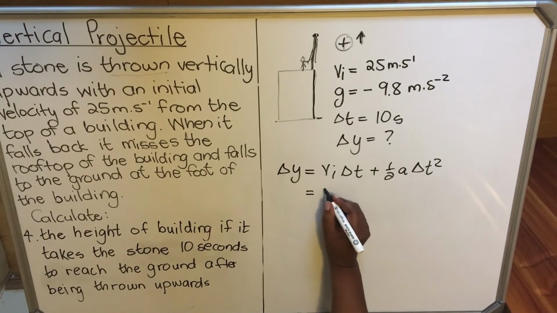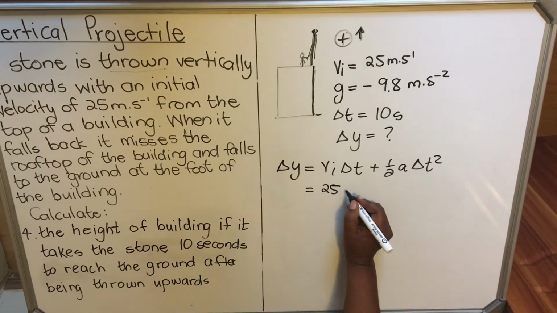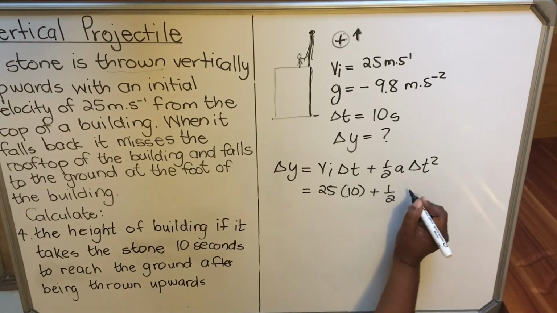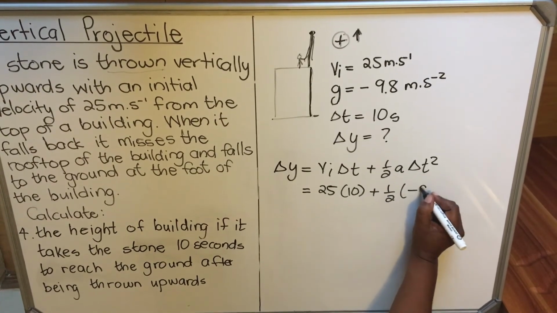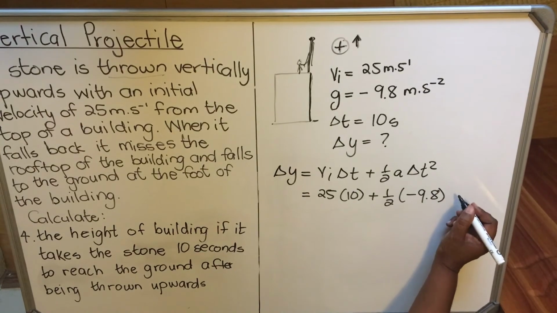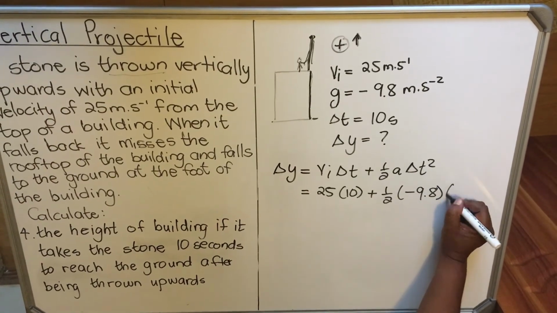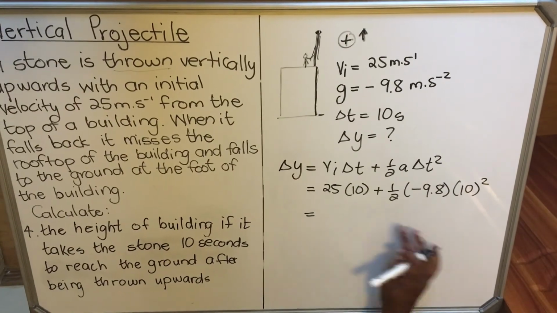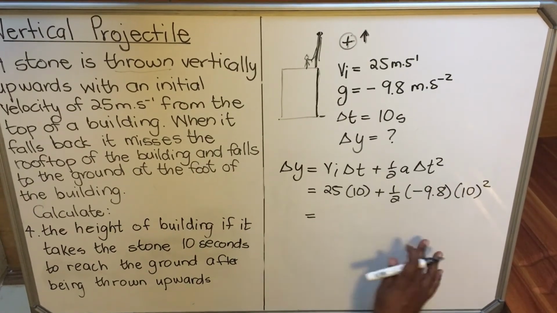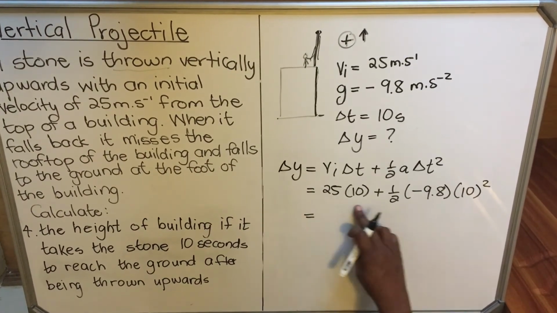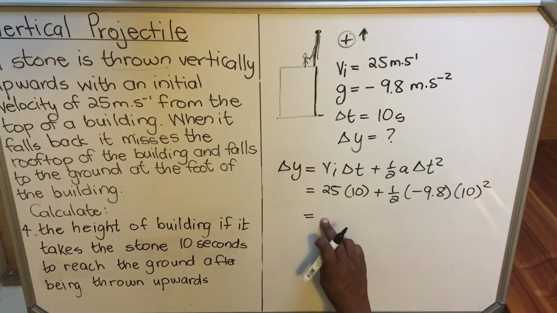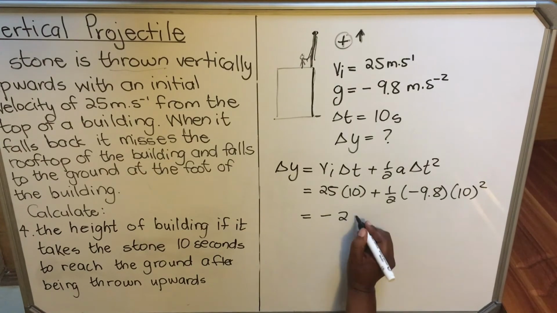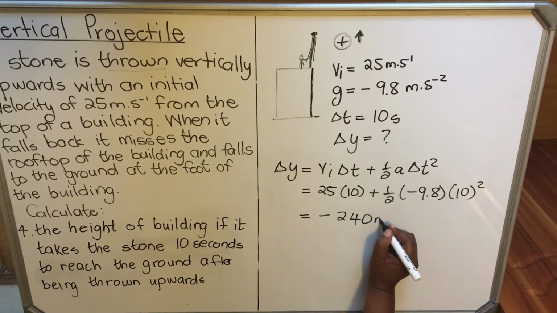Our initial velocity is 25 meters per second. Our time is 10 seconds. And then the formula comes with a half. And then our gravitational acceleration is 9.8 and our time is 10 squared. So you remember, the more maths you do, no marks. So just take your calculator and punch everything in and then get your answer. Your answer will be negative 240 meters.